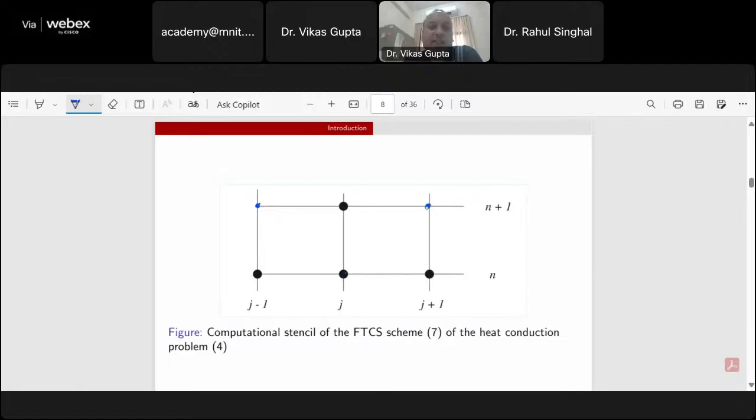So the computational stencil for the implicit scheme will be of that kind. Right now I am focusing on the FTCS scheme, so we can continue with the FTCS scheme.